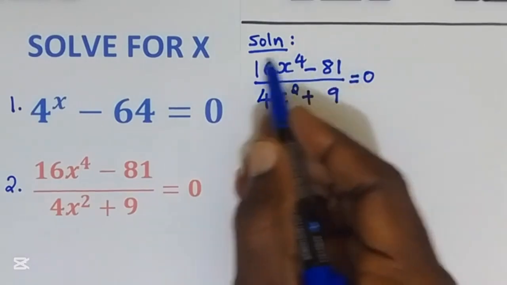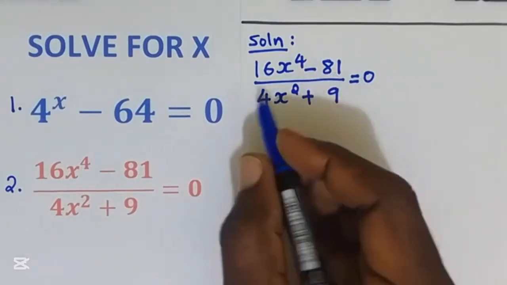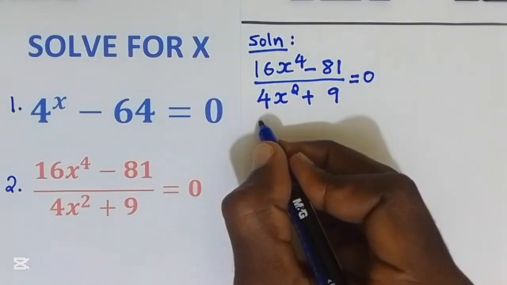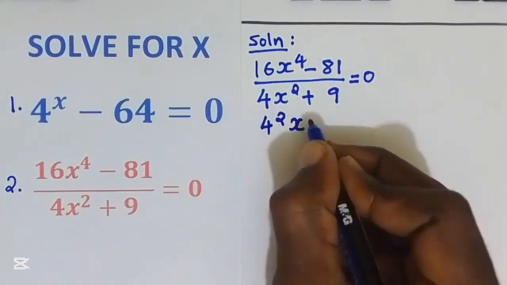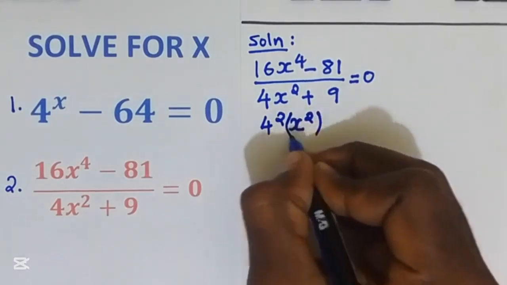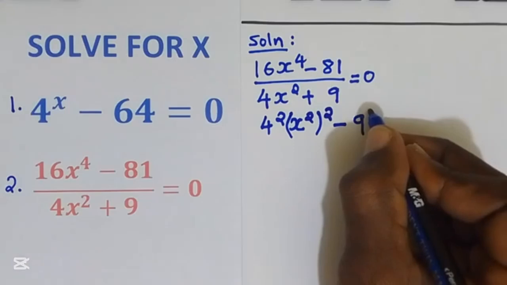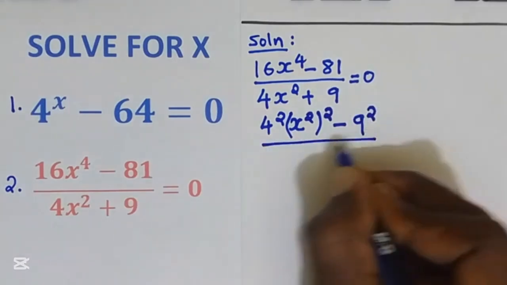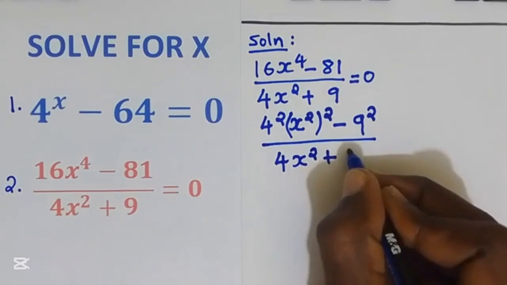I'm going to put this into difference of two squares. That is going to be 4 squared x squared squared minus 9 squared over 4x squared plus 9.